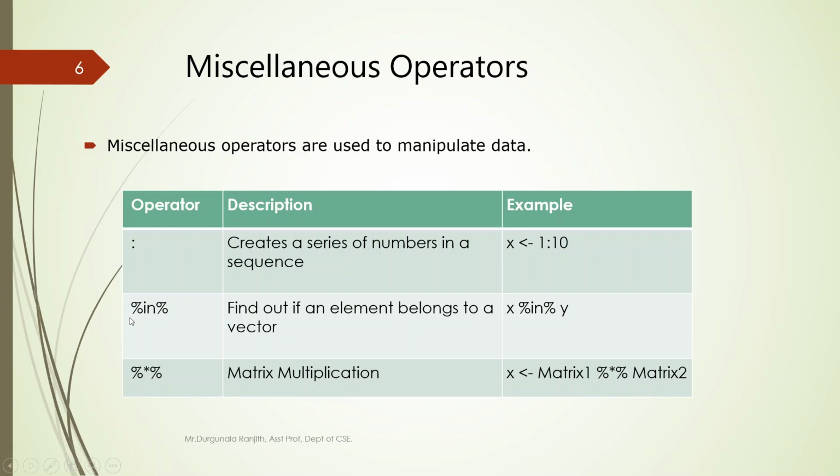So here we have to use %in%, to check whether the element belongs to that particular vector, array or data frame and so on. The last one is %*%, which is used for matrix multiplication. R supports the matrix data structure, so to perform the multiplication of matrices, it has to use this operator.